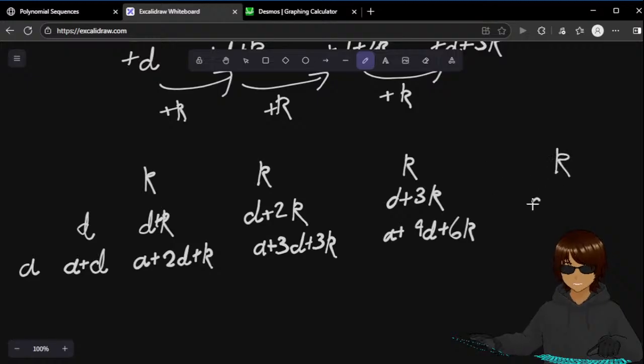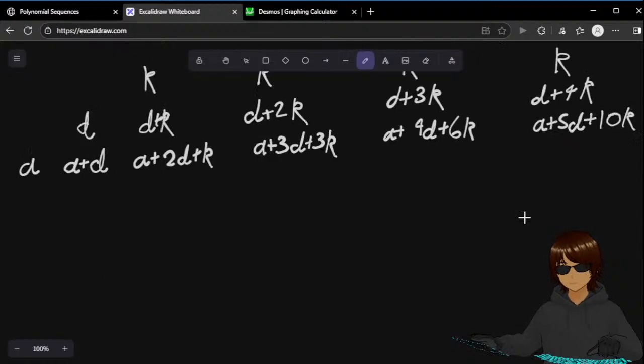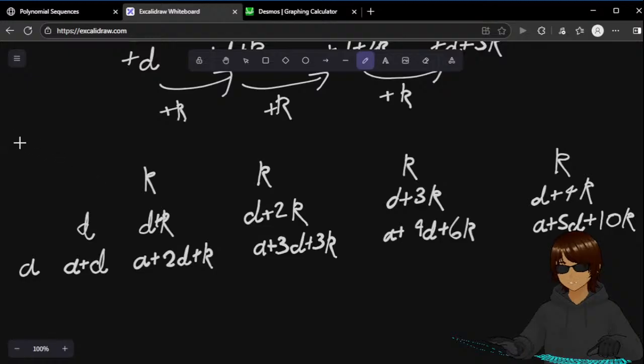Then k here, this plus this would give 4k. So n is equal to 1, 2, 3, 4, 5, 6.